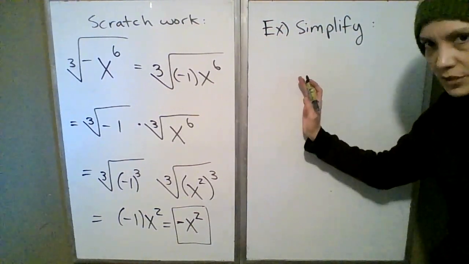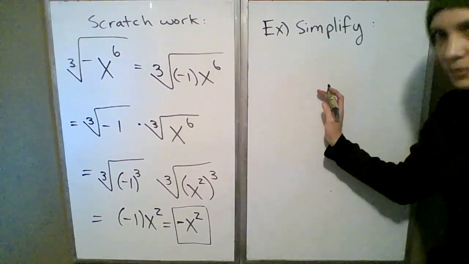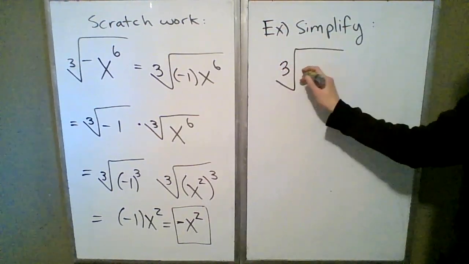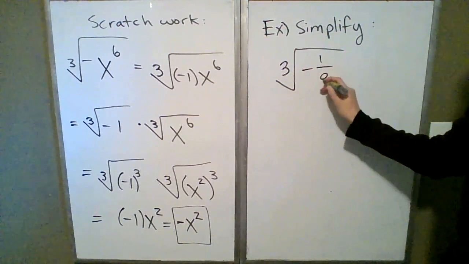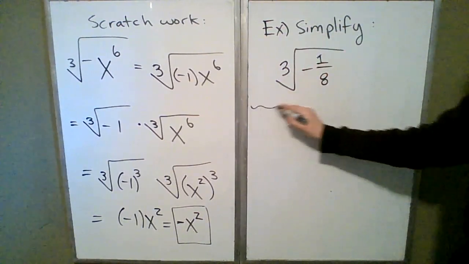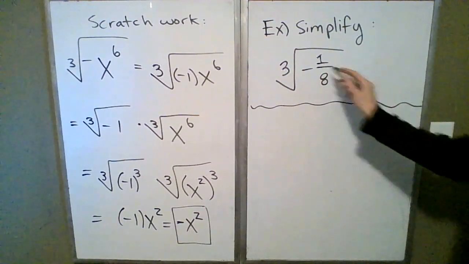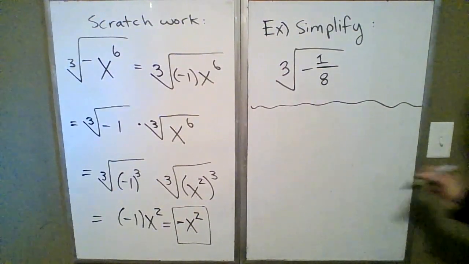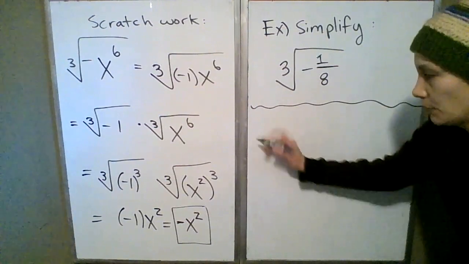It was also a cubed root and a negative, but it was 1/8 underneath. Rewrite this.